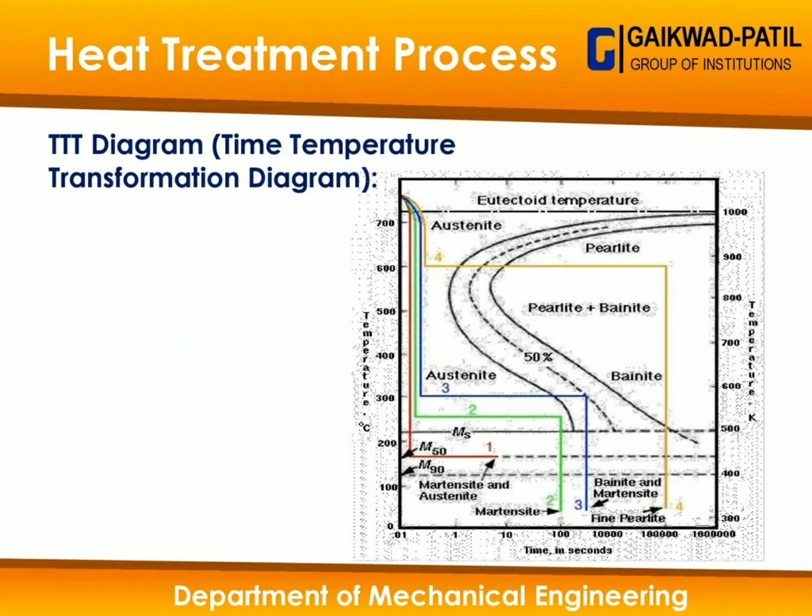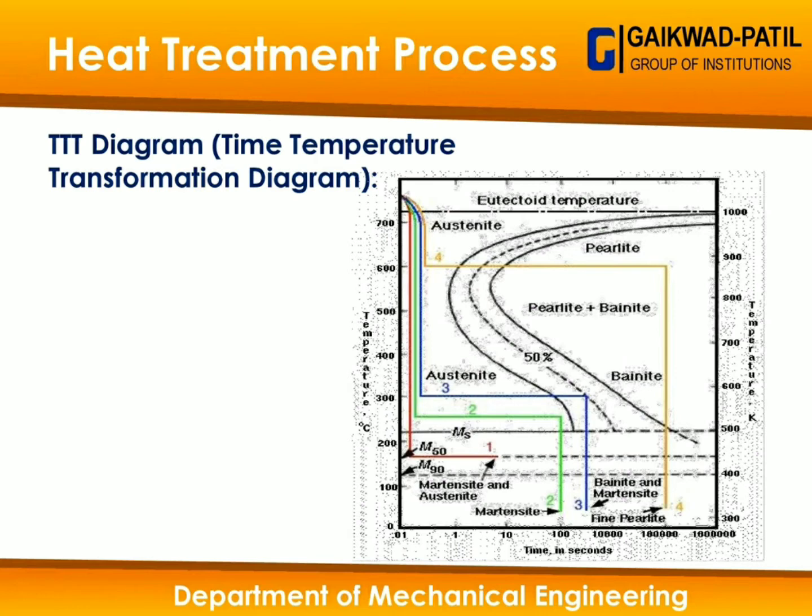The heat treatment process basically depends upon the TTT diagram. That diagram is called a time temperature transformation diagram. As previously we have seen in the iron carbon diagram, there are some disadvantages. The iron carbon diagram has some limitations. Carbon precipitation has not been explained in the form of graphite.